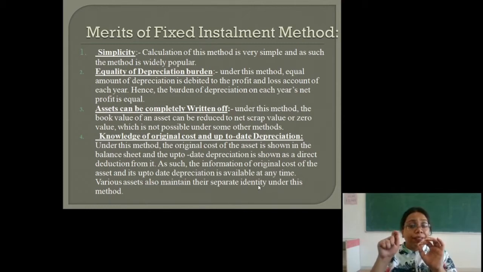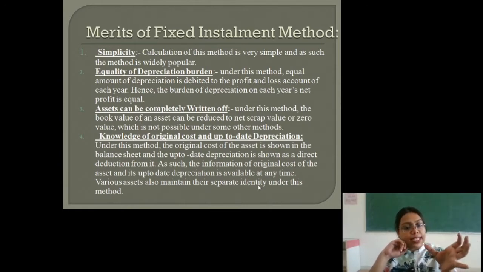As such, the information of the cost of the asset and the up-to-date depreciation is available to the company anytime. These assets also maintain their separate identity under this method.